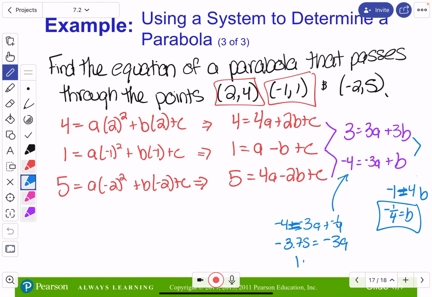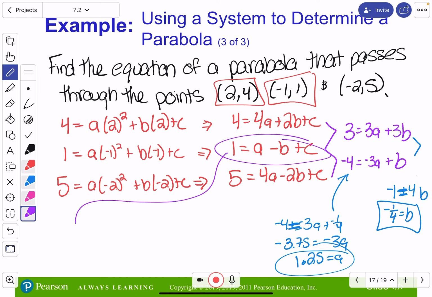Divide by -3, a equals 1.25. So now we have our a. Plug those back into, I would do this one as the least coefficients. So 1 equals 1.25 minus -1/4 plus c. Solve that out. 1 equals 1.5 plus c.